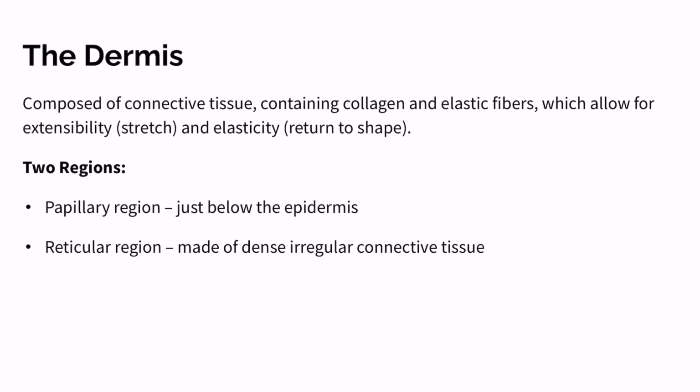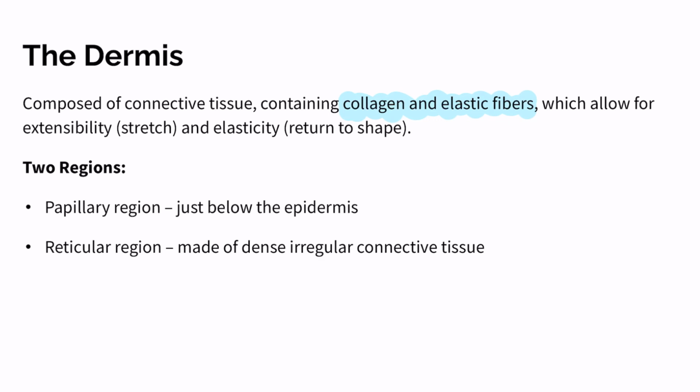A lot of different fibers that lend to the structure and strength of our skin, and also a lot of vascularity. A friendly reminder that epithelium is avascular, and it always requires the support of connective tissue nearby for its vascularity, for oxygen.